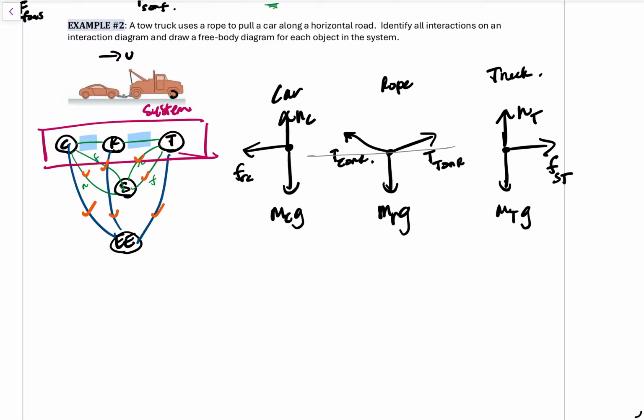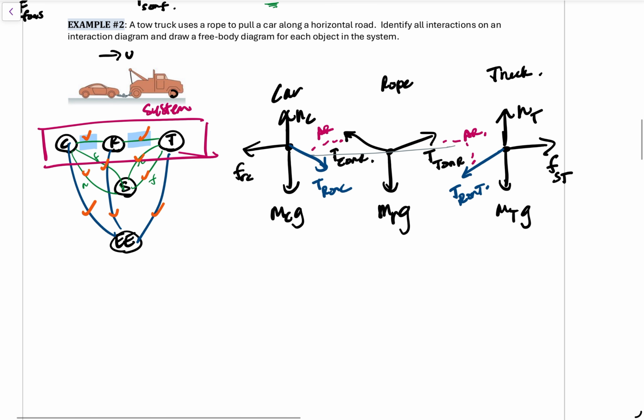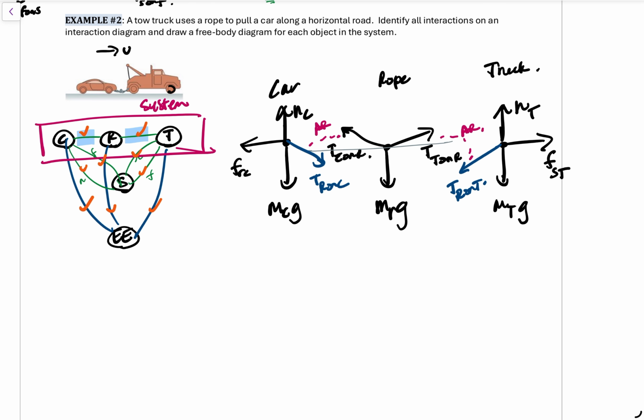If these are our forces here, then this is going to be the tension of the rope on the car, and over here, this one is going to be our tension of the rope on the truck, right? These are going to be action reaction pairs. This is an action reaction pair and this is an action reaction pair. Those are the internal forces of the system.